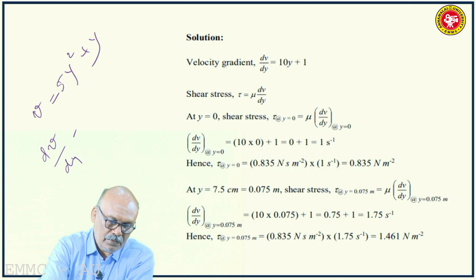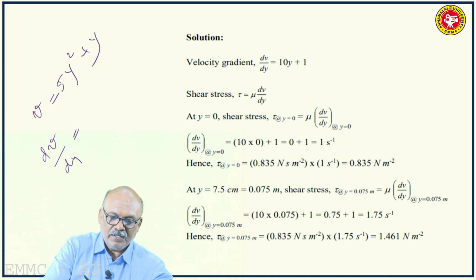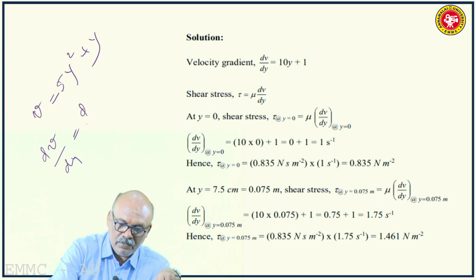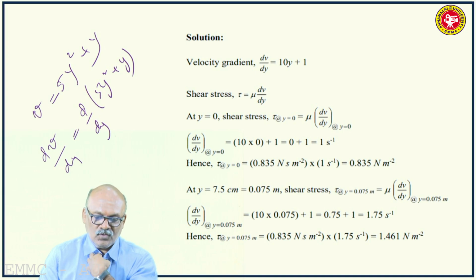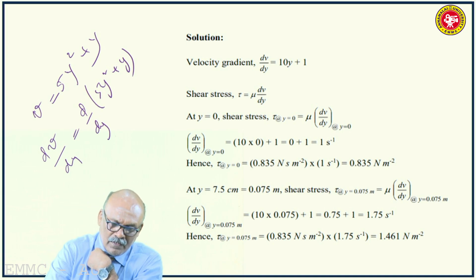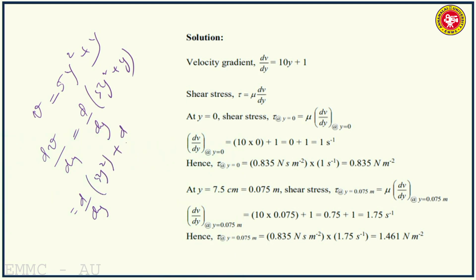That is, I have to differentiate this expression, that is, you have to differentiate the function for v, that is d by dy of 5y square plus y. Now this can be written as d by dy of 5y square plus d by dy of y. So 5 is a constant, it can be taken out.